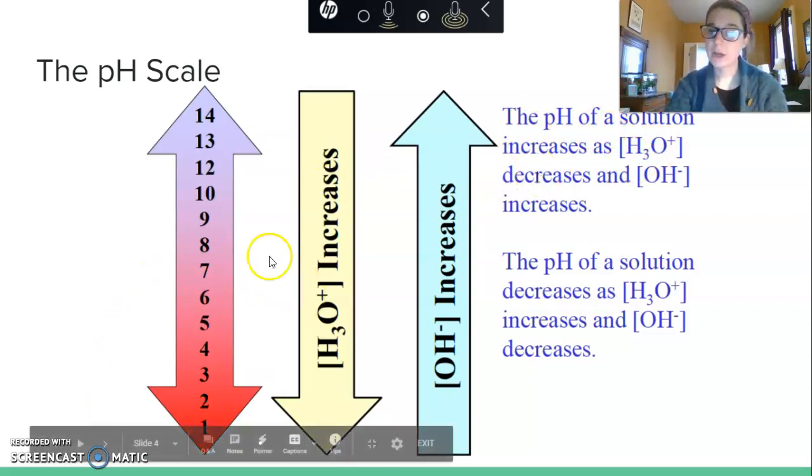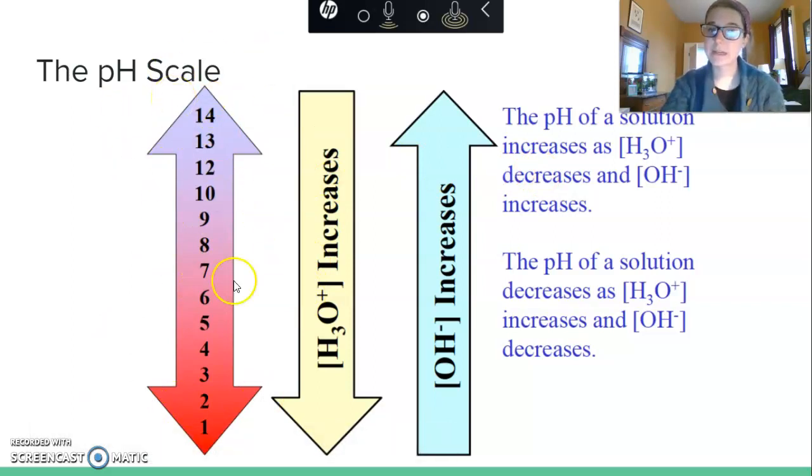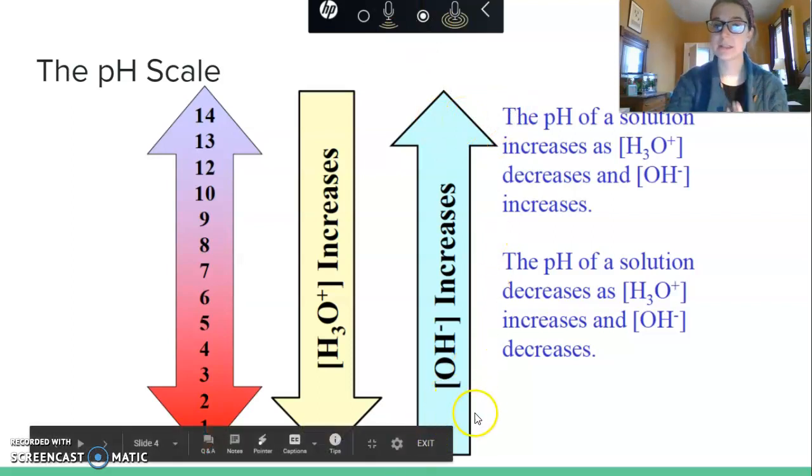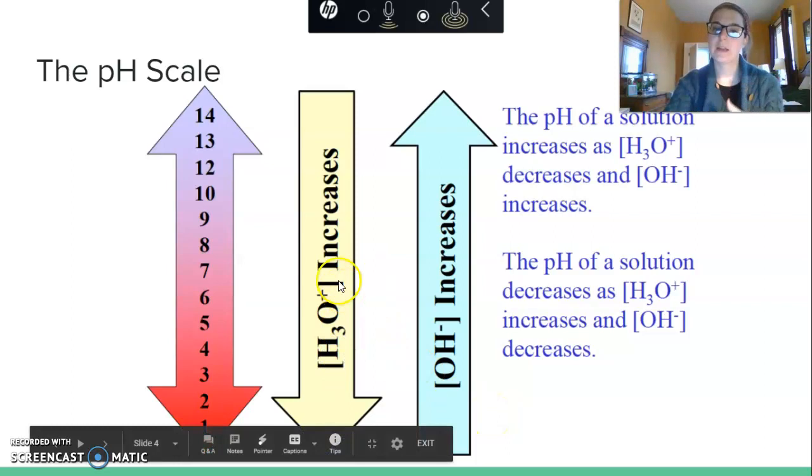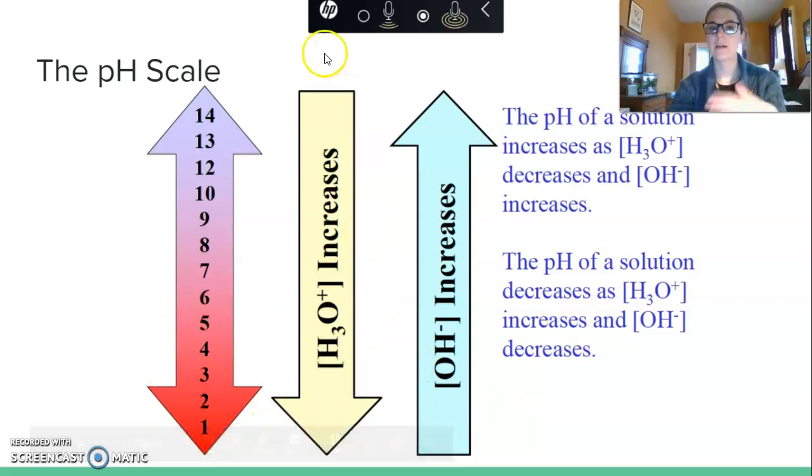Remember, a low pH means acidic, a high pH means basic, and 7 is neutral. If there's a higher concentration of OH-, the solution is considered basic. If it's a lower concentration, it's considered acidic. And with hydronium ions, more would be acidic, less would be basic.